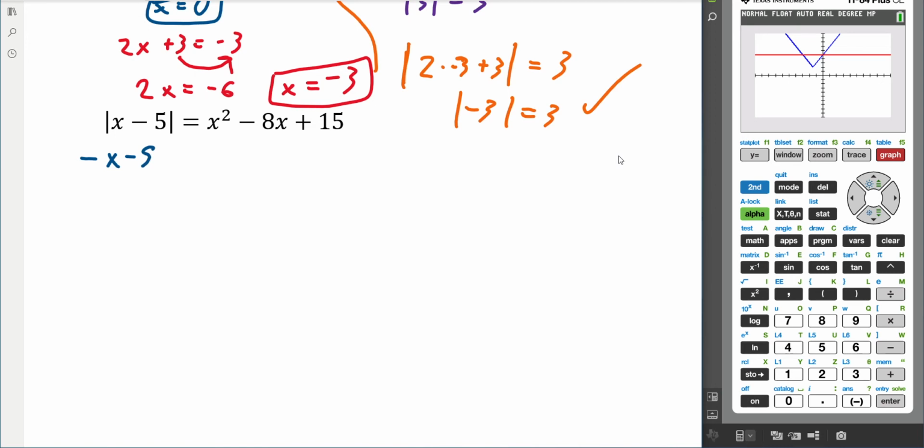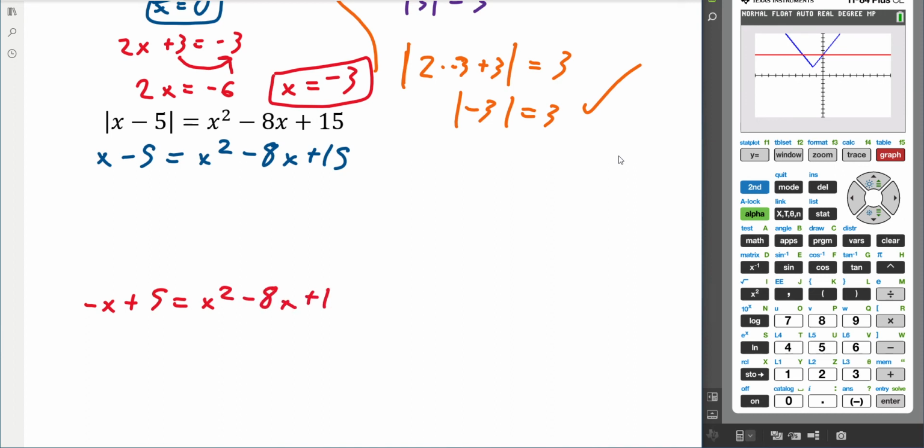Case number one, we keep everything the same, as we always have, and we try to solve for x. Case number two, we flip it, so we have negative x plus 5. And like I said, you can flip either side. Doesn't matter, as long as you flip only one side.